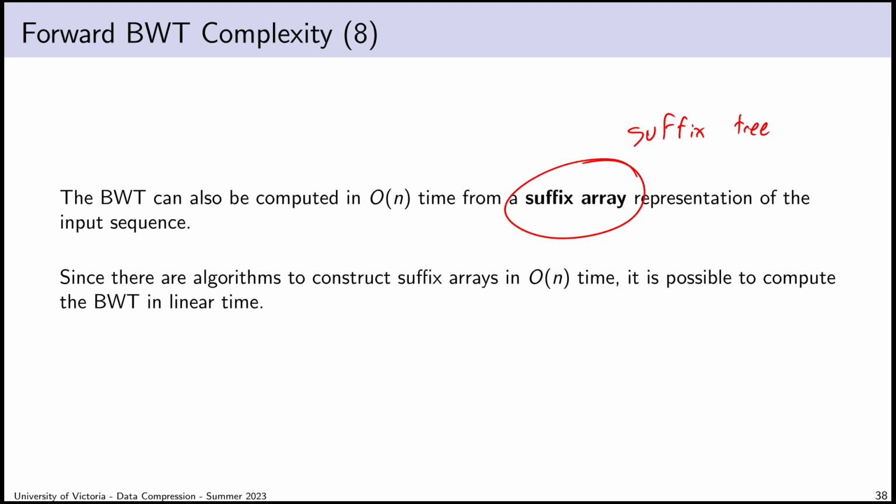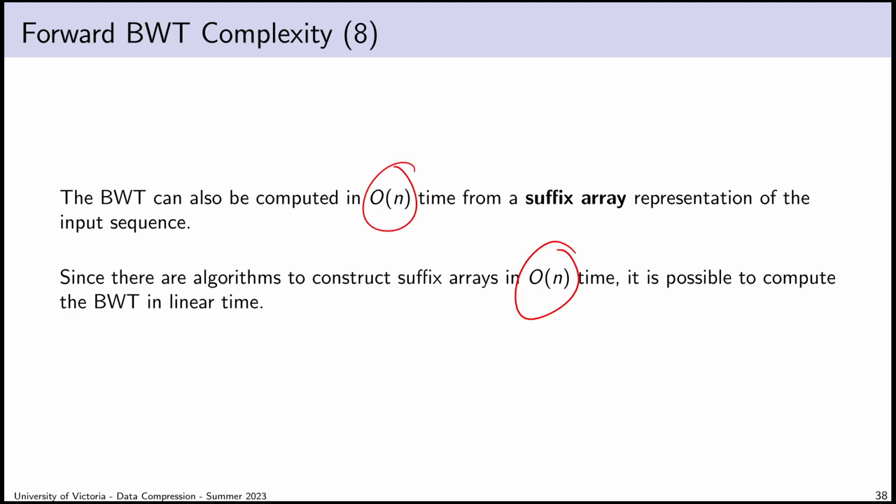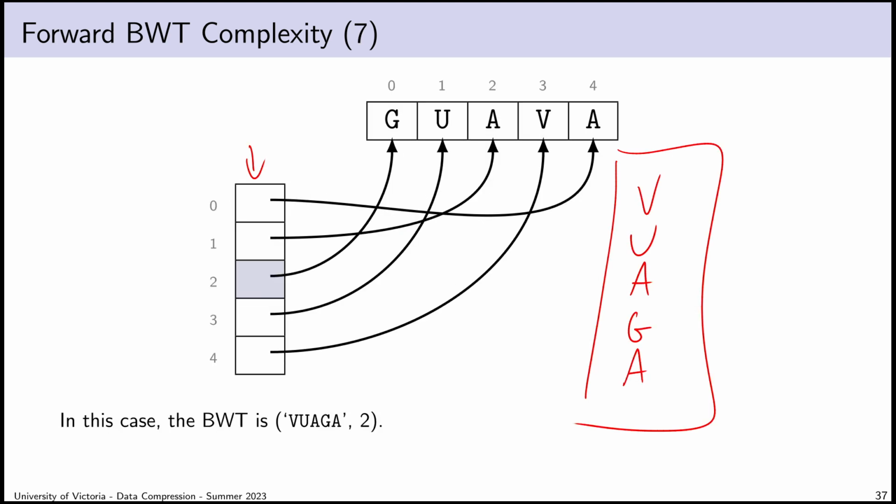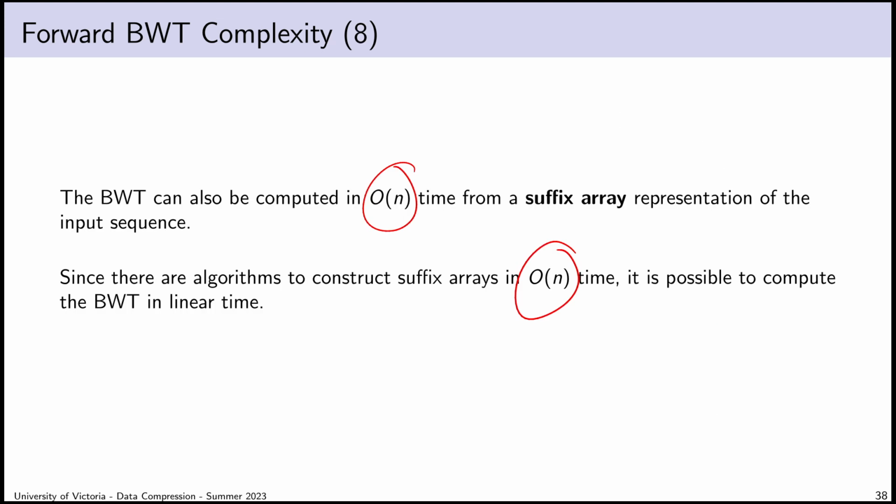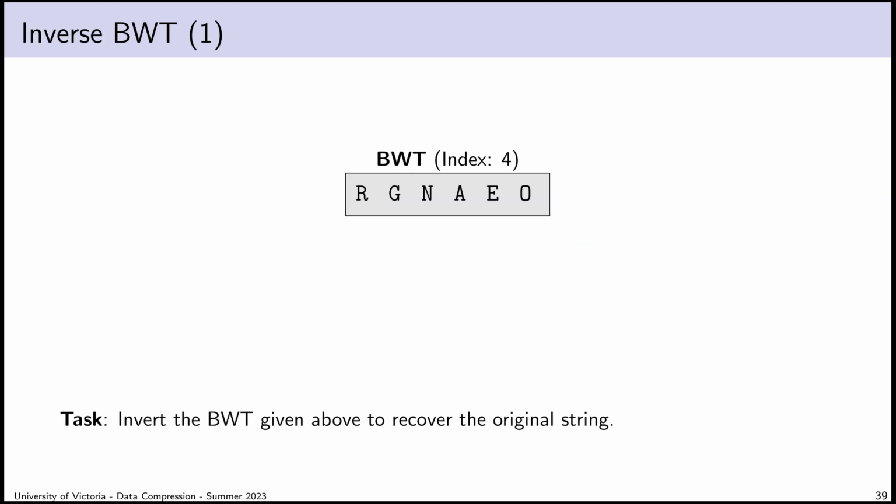It turns out that once you have a suffix array, you can compute the BWT in linear time from it. It also turns out that you can create a suffix array in linear time, which means that if you put those two pieces together, it is possible to compute the BWT in linear time. So although the computation is more complicated than this one, it will give you a better asymptotic time. You avoid that worst case behavior.